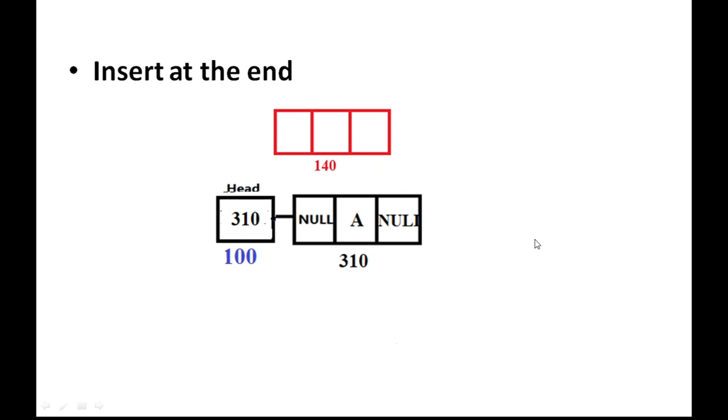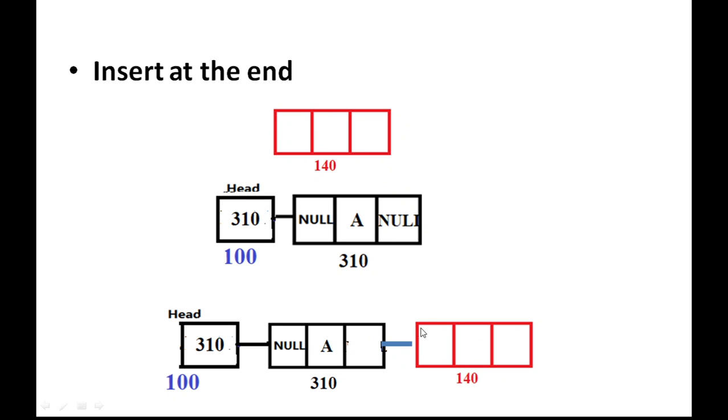Then what changes are required in the list? So one is we have to put the data into the new node, then we have to change the backward pointer of the new node to have the address of the last node, okay. So the last node as of now, that value is written into this backward pointer, and the forward pointer of the new node is going to be null.